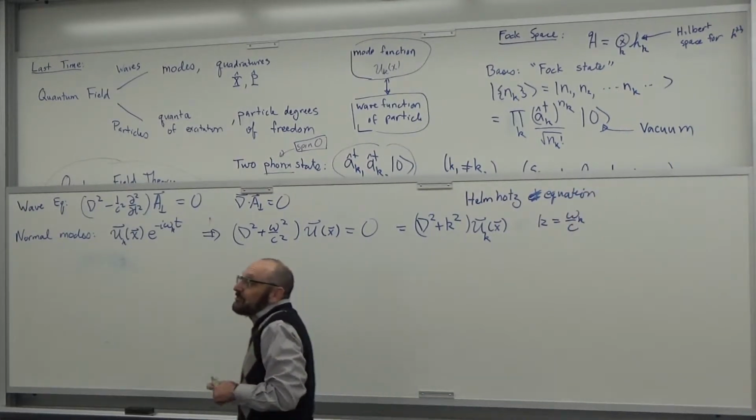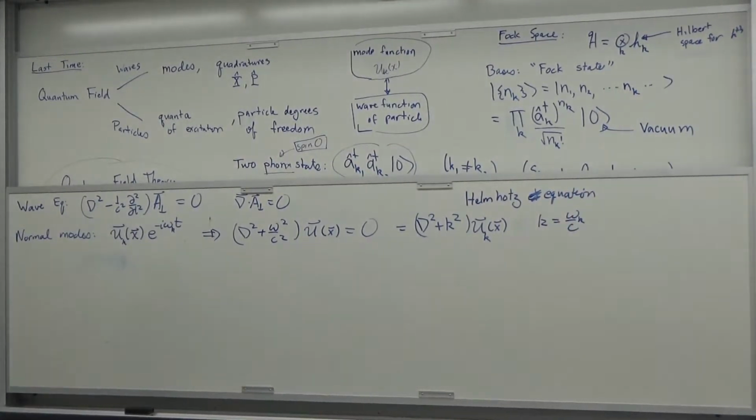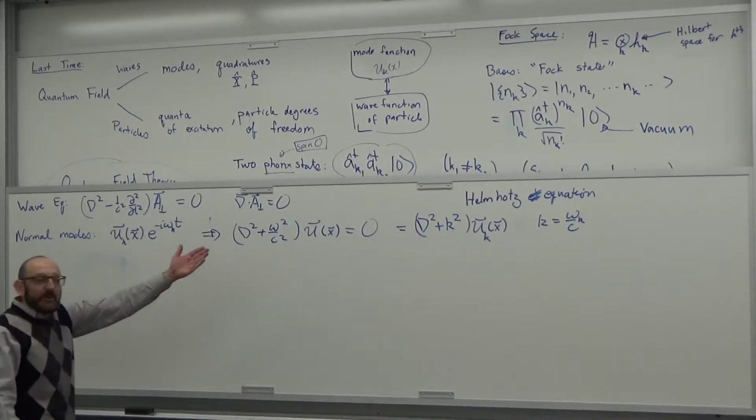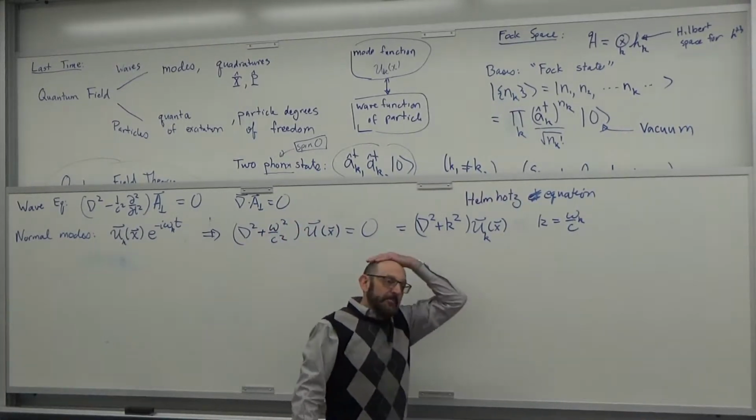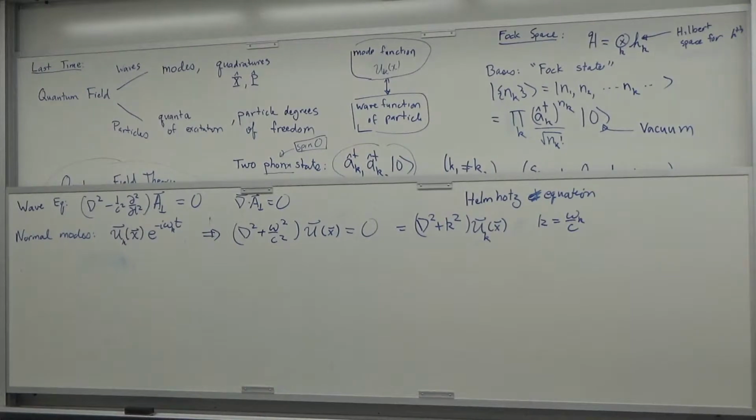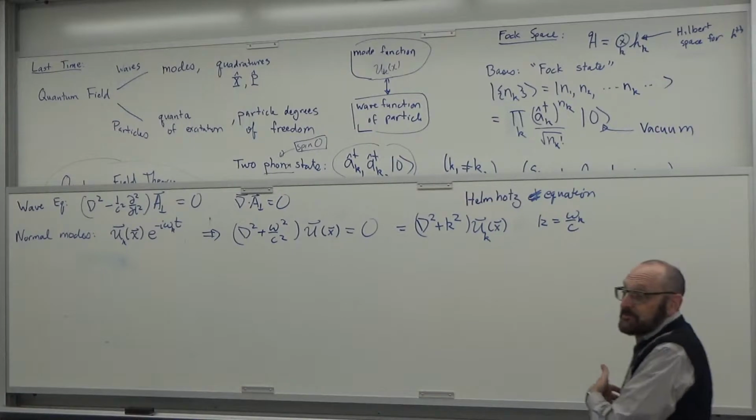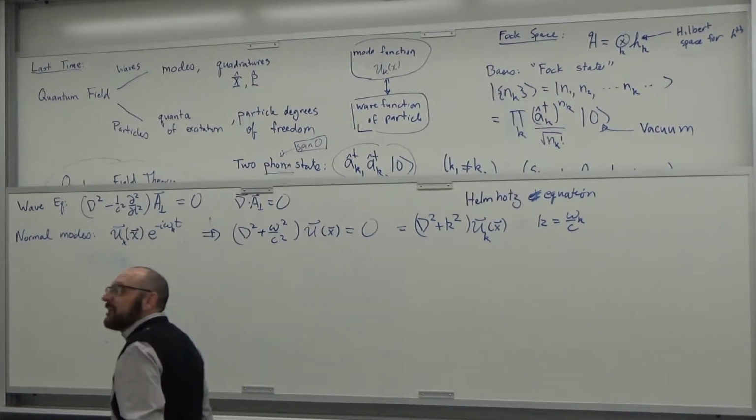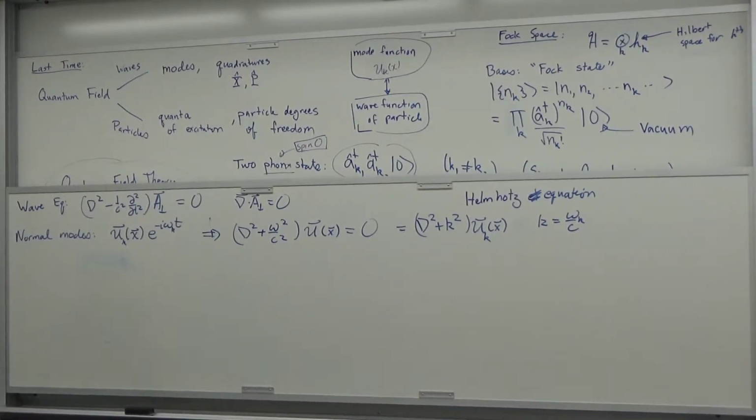Any set of modes that satisfy Helmholtz equation are good, depending on the boundary conditions, right? So we have to decide on the boundary conditions if we want to think about a discrete set of normal modes. Otherwise, we have an uncountably infinite set. Makes life a little more complicated.